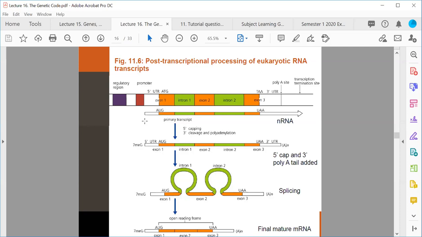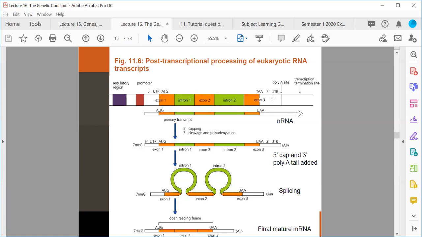When that gene is first transcribed, we can see that the RNA that has been synthesised is exactly the same at the moment as the DNA, apart from the fact that it's complementary to the actual DNA. Here we can see the promoter region. This region before the start of the gene is where the RNA polymerase enzyme binds. Then once it's bound, it moves along the DNA and transcribes one strand of the DNA into RNA.